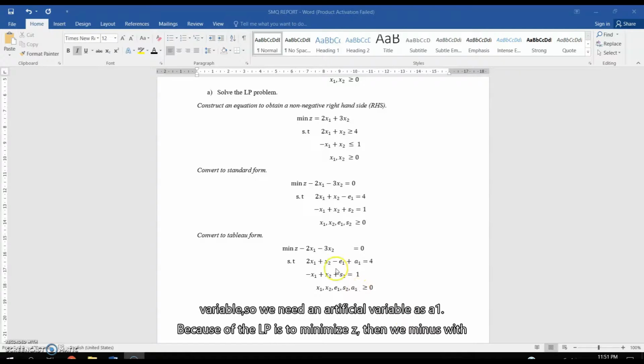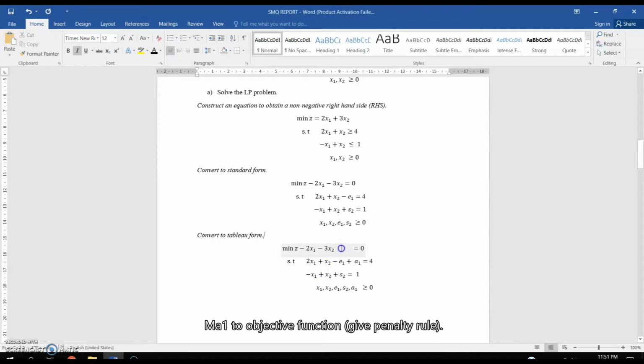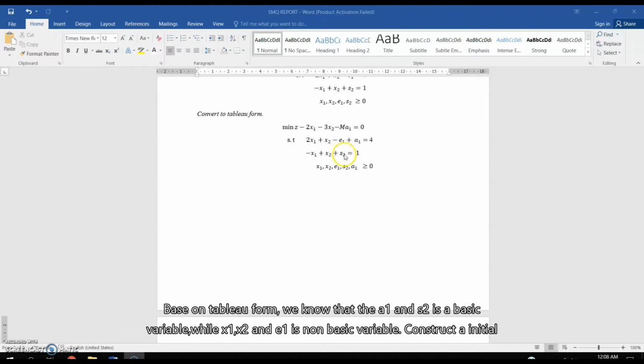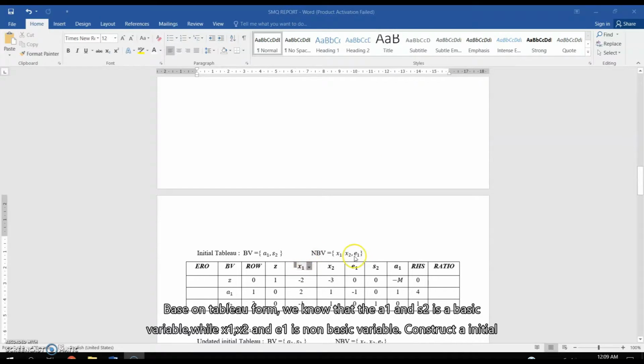Because the LP is to minimize Z, we subtract MA1 from the objective function. Based on the W form, we know that A1 and S2 are basic variables, while X1, X2, E1 are non-basic variables.